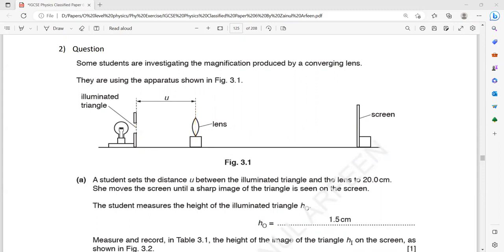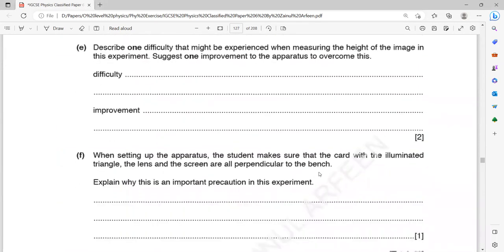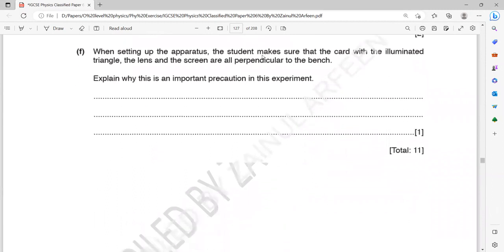This is also one of the precautions we should take when doing this experiment, that they all should be perpendicular to each other. But why is this an important precaution?